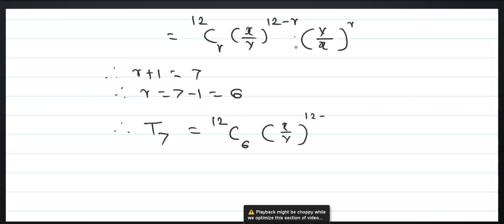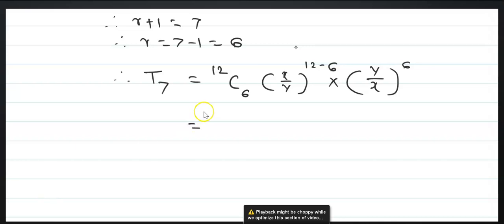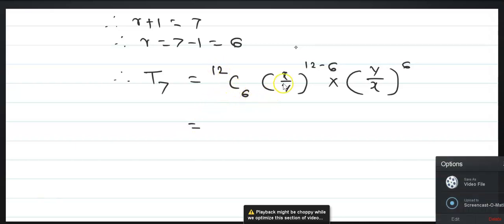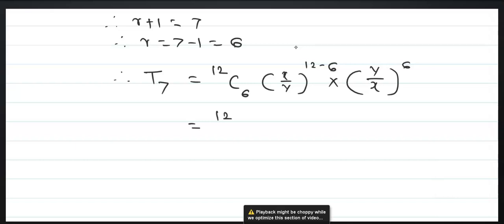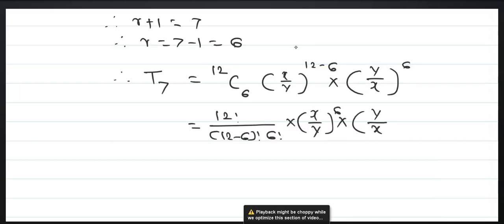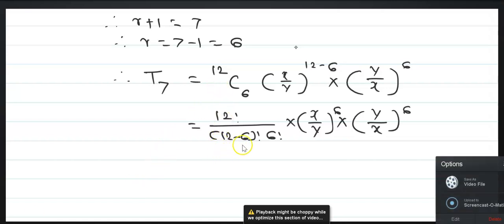Therefore, T7 is equal to, this is the formula that we substitute, 12C6 (x/y) raised to 12 minus 6 into (y/x) raised to 6. Now see this again. 12 factorial upon (12 minus 6) factorial into 6 factorial, (x/y) raised to 6 and (y/x) raised to 6.